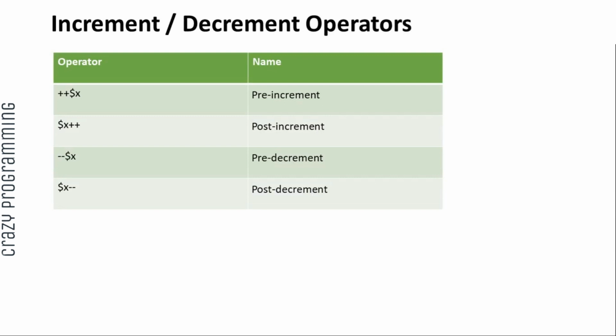It means pre-increment. We are going to see it in example format. Okay, and the second one is x plus plus, it's post-increment. And then the third one is pre-decrement, that is minus minus x, and the fourth one is x minus minus, that is post-decrement.